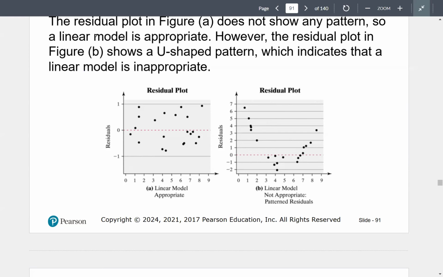A linear model is not the best measure for this. I'd have to see the data to tell you for sure what would be a better measure, but linear is not it. So this is one of the cases where random disaster is better than a shape. Usually it doesn't work like that. Okay, that is the end of chapter 4. So I'm going to stop this video and start the next one.